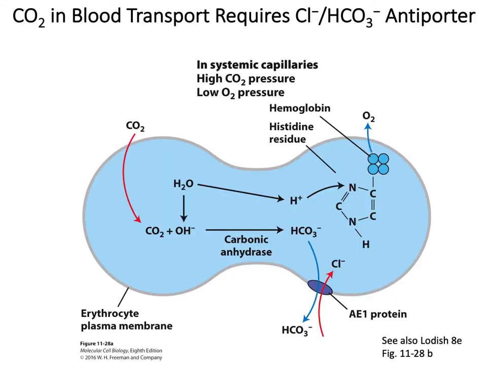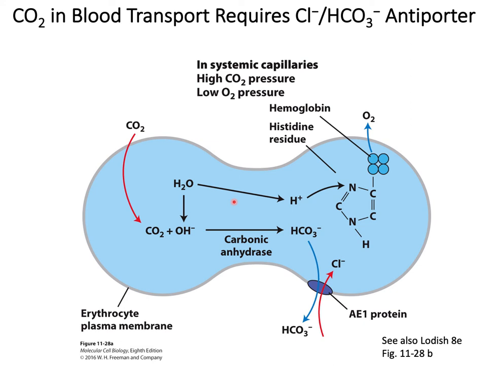So here is another very important use of an antiporter, in the carbon dioxide transport in the blood, which requires a chloride bicarbonate antiporter. The gaseous carbon dioxide dissolves poorly in aqueous solutions such as cytosol or the blood plasma, and changing to highly soluble bicarbonate increases the plasma capacity to carry the carbon dioxide waste, which passively diffuses out of the cell.